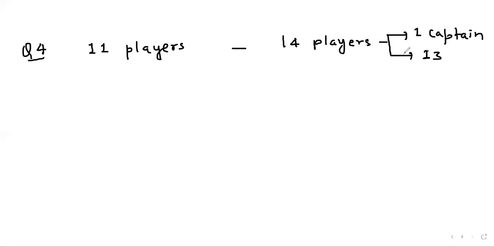This is one way where the captain is to be selected. So the ways of selection will be: there is one captain and one captain is always to be selected, so we can say 1C1. Then since 11 players are to be selected, one is already selected, so 10 more participants are needed. So out of 13, 10. This is the first part of the question.